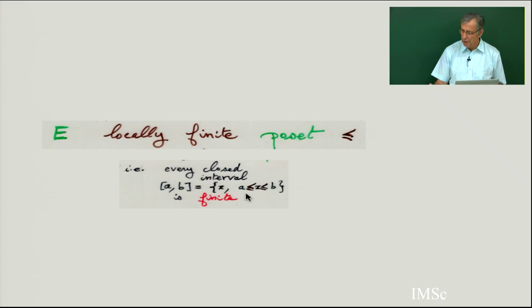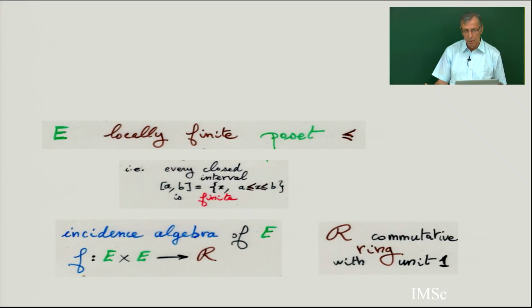So the fundamental algebraic object is what is called the incidence algebra of E. You take a commutative ring, R, with a unit element, and the incidence algebra is made of functions f which associate to two elements of the poset a certain element of the commutative ring.